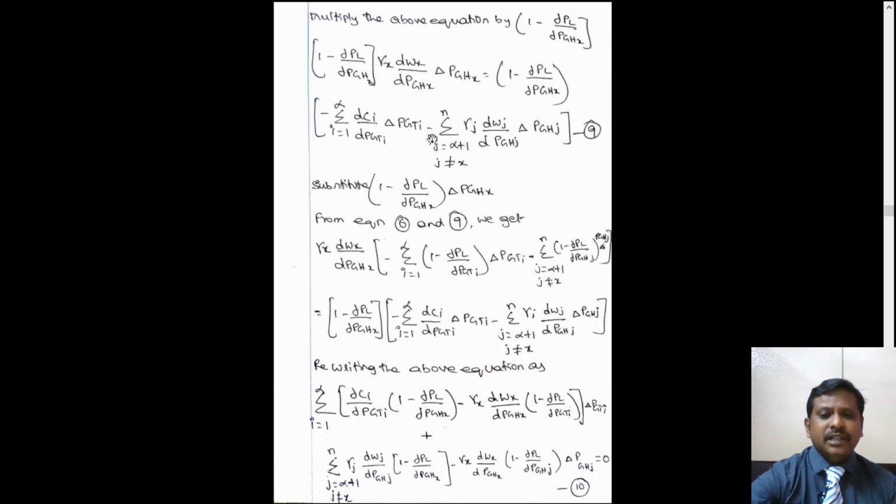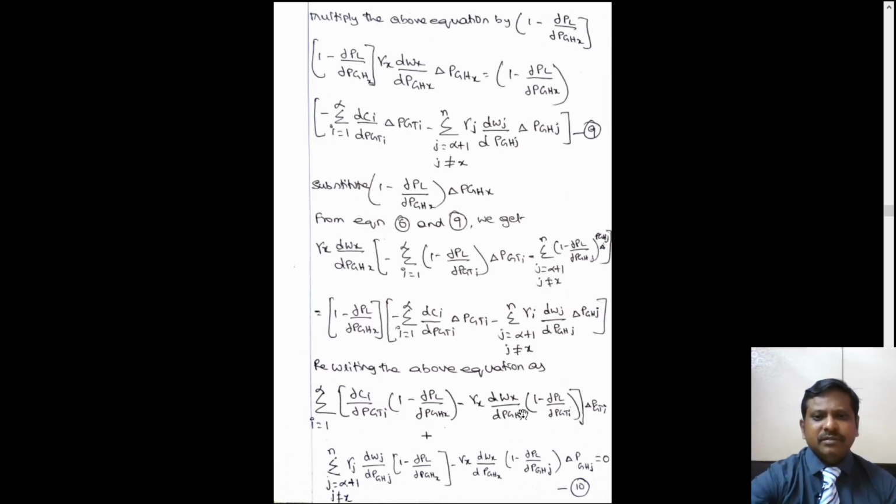So I would like you all to practice this 2 to 3 times. Okay. So this is equation number 9. So again we are substituting 1 minus dou PL by dou PGHX and delta PGHX. So all these equations we are rearranging.